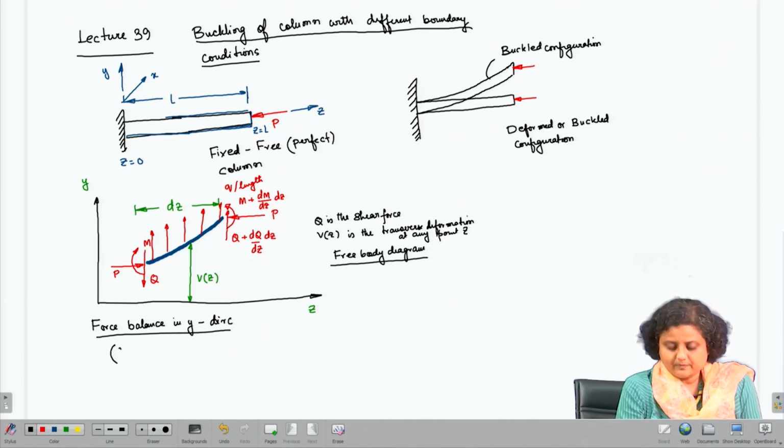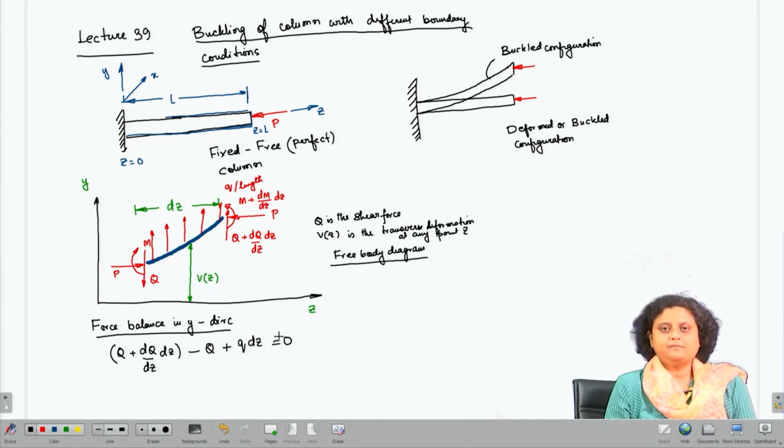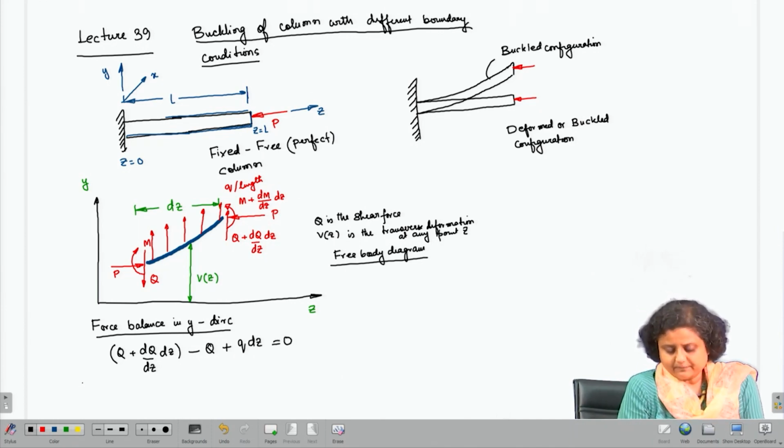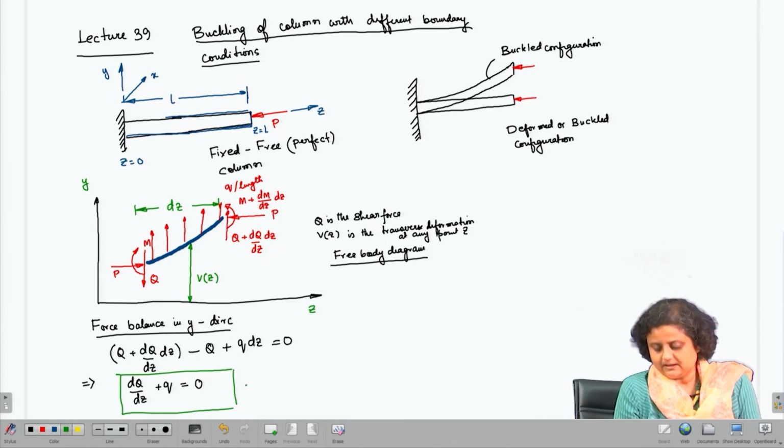It is going to be Q plus dQ by dz into dz minus Q plus q dz, and that has to be equal to 0 for equilibrium in the y direction. If we simplify this, it is going to be dQ by dz plus small q, which is the applied transverse force, equal to 0. Let me call this equation 1.